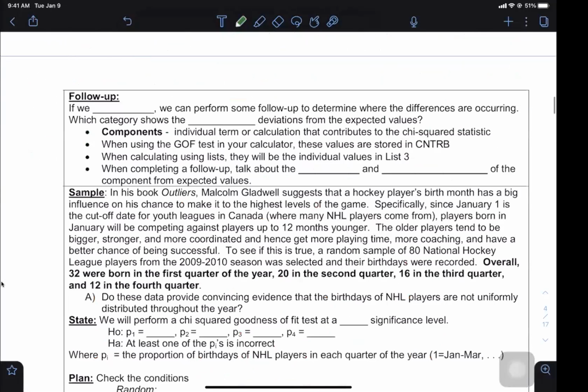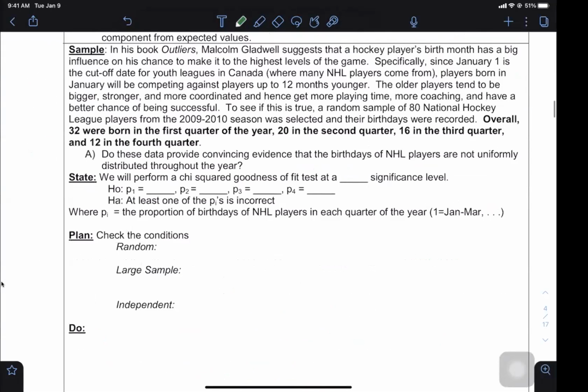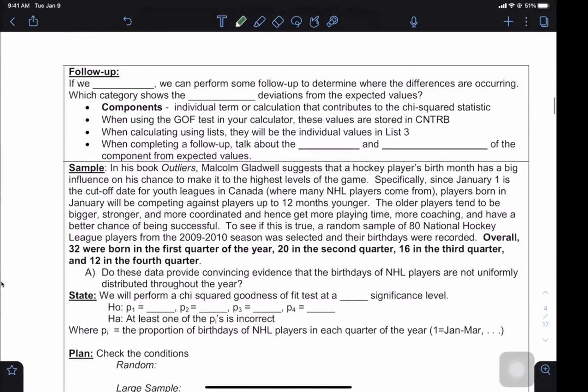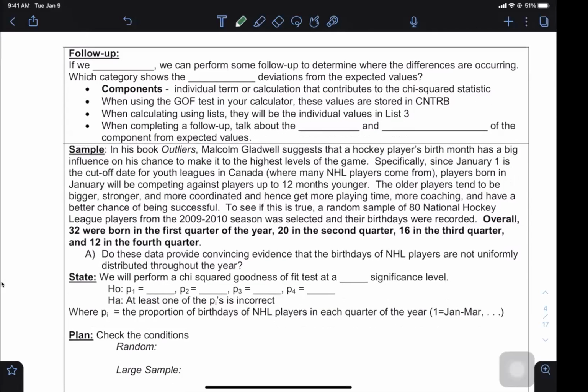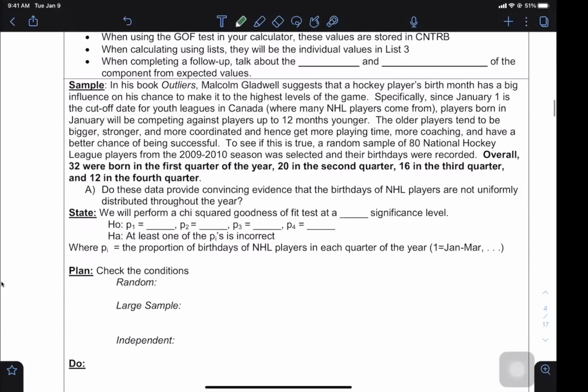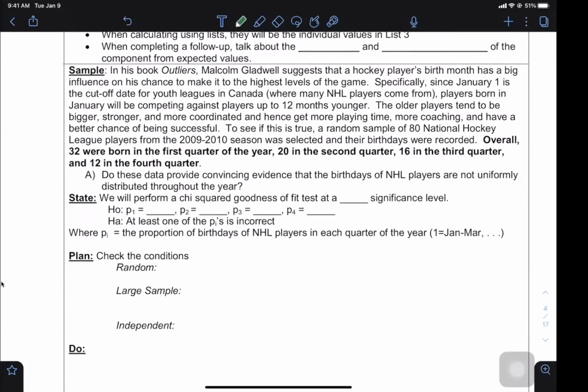Okay, next sample. So let's read some problems here. In this example, they don't give you the exact distribution that you're looking for.